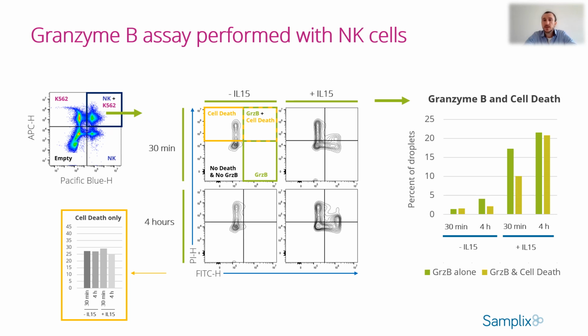And we can see that this increase in granzyme B alone seems to precede the increase in granzyme B and cell death in the populations here. We can also see that in this experiment, we have no increase in cell death alone without any granzyme B detected here in the droplets.